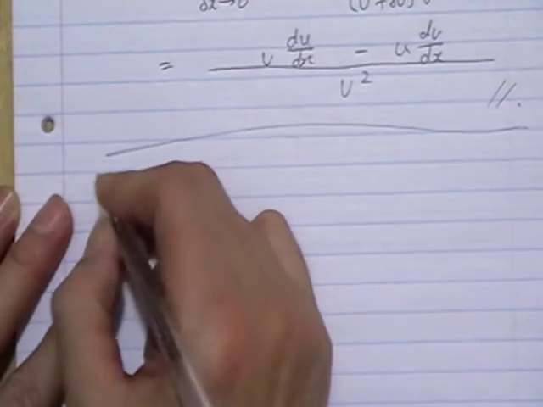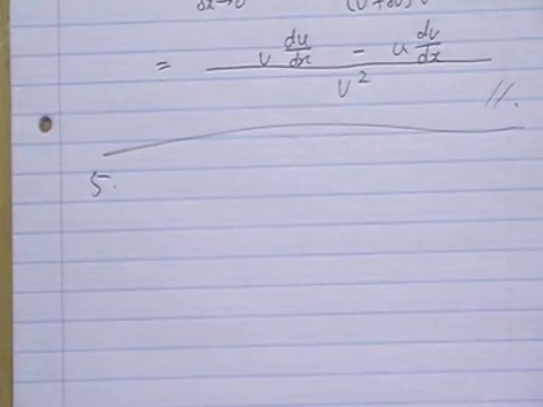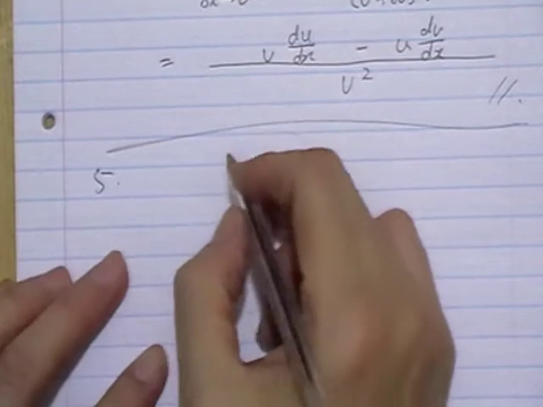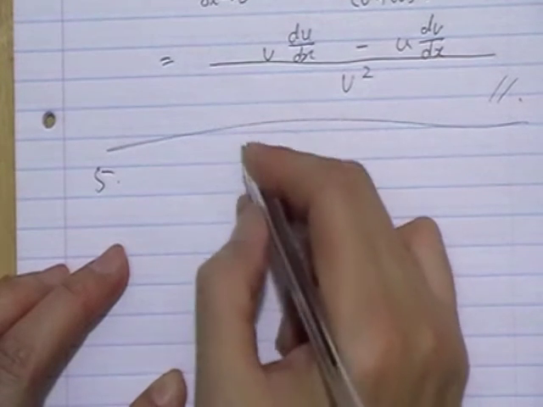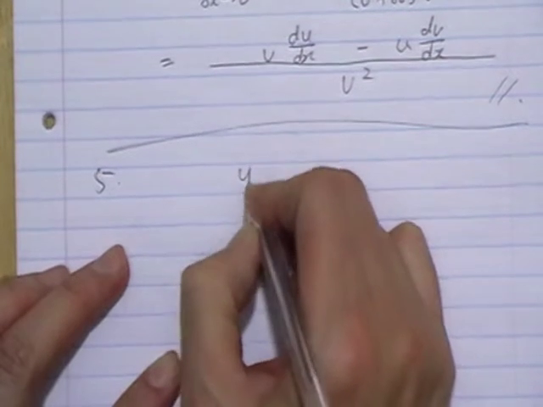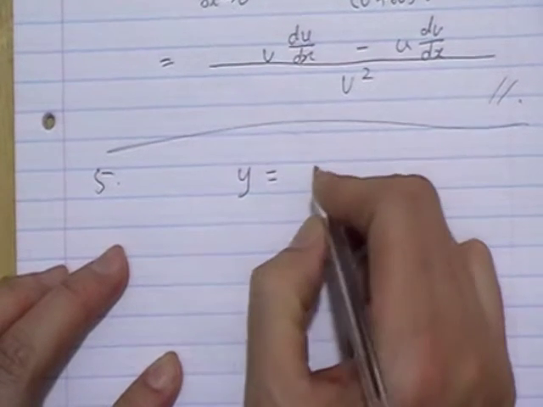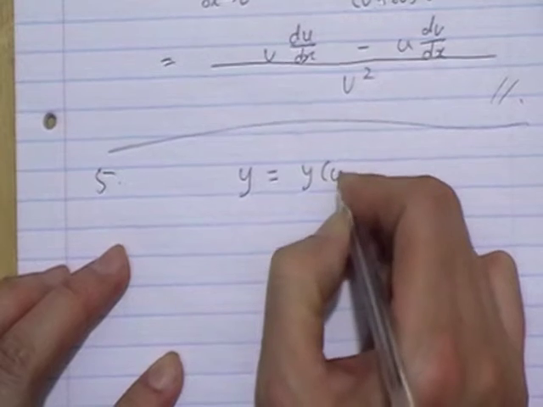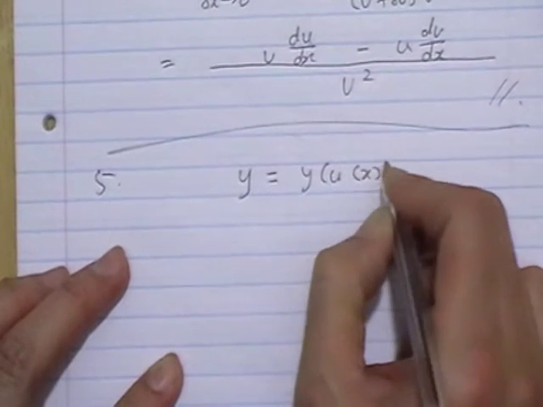Finally, part 5, I want to prove the chain rule. So I have y as a function of u, which is in turn a function of x.